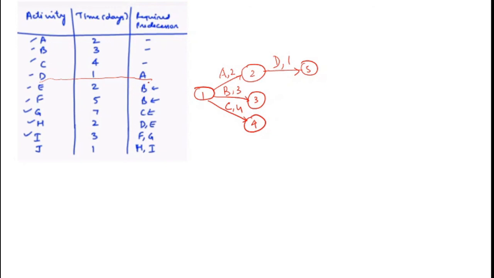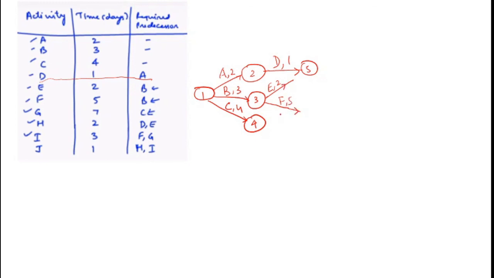So we can say this is E and this is F. Time is 2 and time is 5.